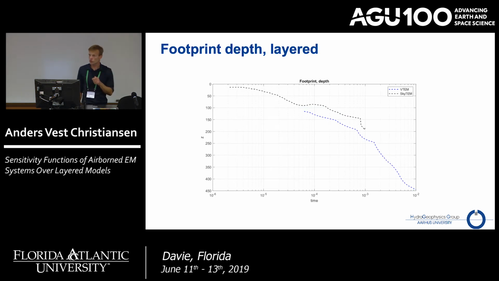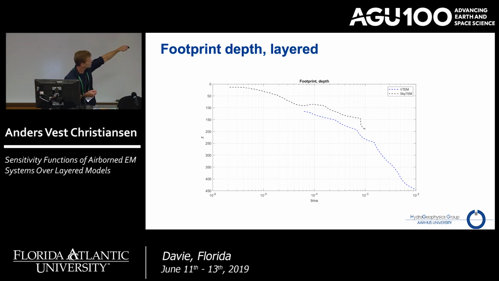But as soon as we start with the layered models, things start moving a little bit, because the currents will be trapped in the different layers at different times, because we have these different waveforms, the short turn-off versus the long turn-off. That makes a difference because, as we saw in the current fields, they got trapped in different ways and started jumping, if you wish, to the last layer at different times.